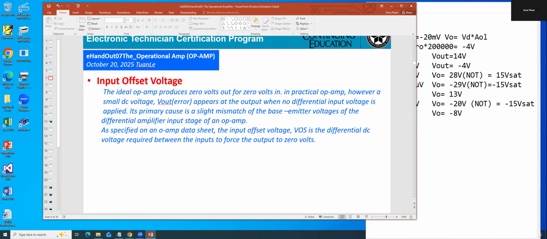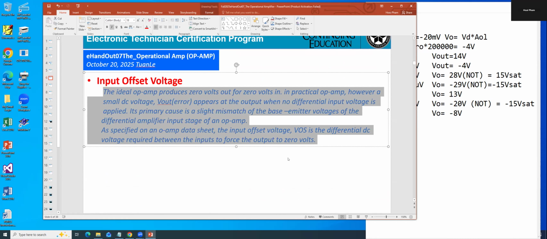Input offset voltage. The ideal op-amp produces 0 volt output for 0 volt input. If you get input 0, output will be 0. However, a small DC voltage, Vout error, appears at the output when no differential input voltage is applied.